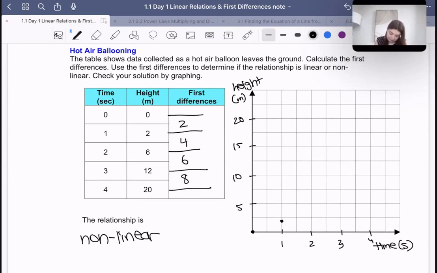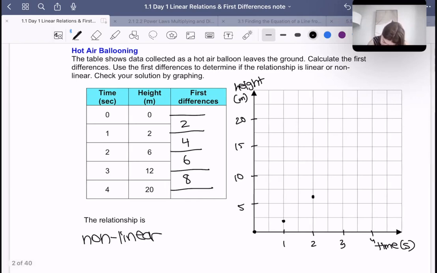Okay. Then we have 2, 6. So 6 is a little more than 5. Then we have 3, 12. So 12 is up here. And then we have 4, 20. So clearly, this doesn't really make a line. If I was to connect these dots, this makes a curve, right?